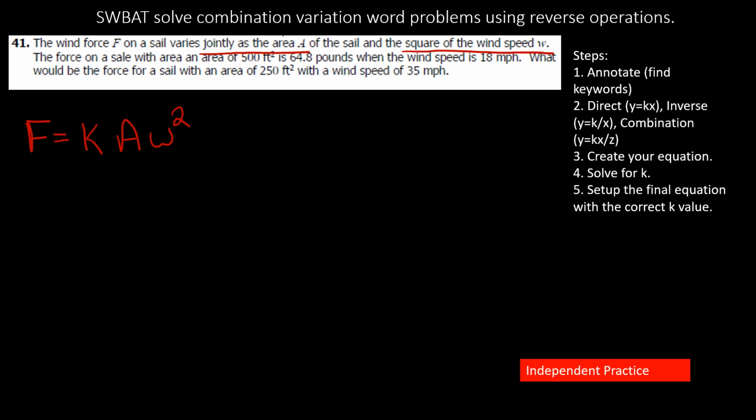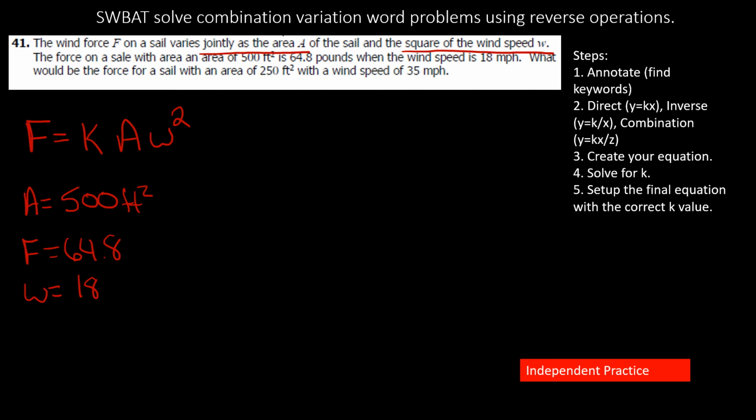Okay. It says the force on a sail with an area, so they're telling us that the area is 500 feet squared, and that the force itself is 64.8 when the wind speed is 18 miles per hour.